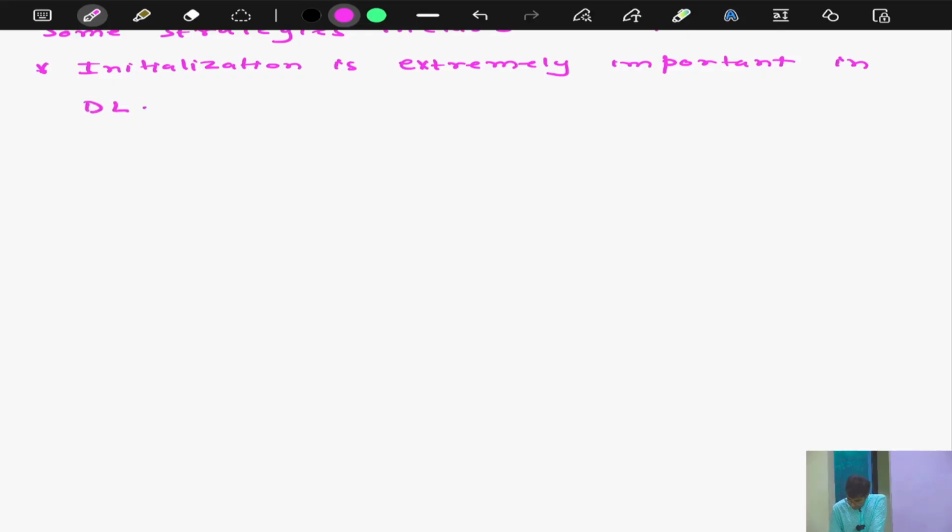initialization is extremely important in deep learning. This is a statement that you should be very clear about. And naturally now the question is, how do we initialize?